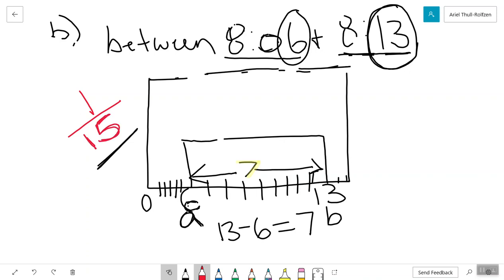Because for the height, we're not looking at what time frame they're asking us about. We're looking at the time frame that we're given in the problem.